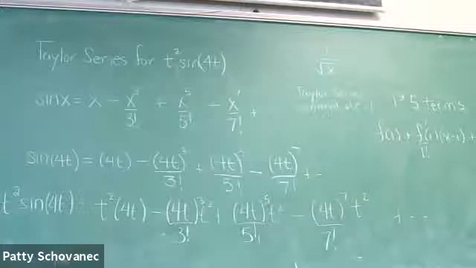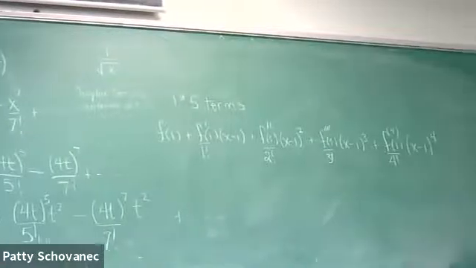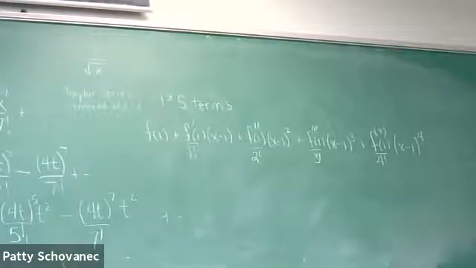I need the third derivative at 1 over 3 factorial times x minus 1 cubed. And then the fourth derivative at 1 over 4 factorial times x minus 1 to the 4. I picked just those terms because I figured I didn't have much board left.